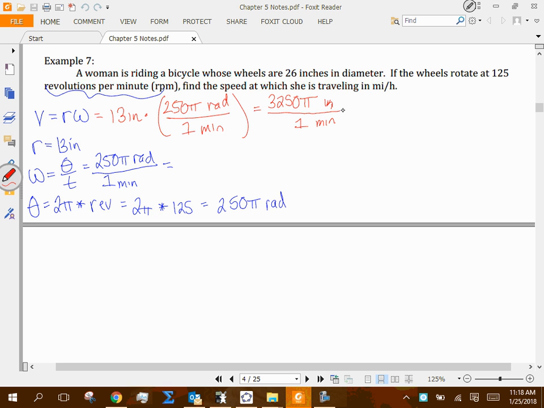I just think it's ingrained in us a little bit more to understand what this means to us if we change it to a unit or a rate that we're familiar with. So let's change this to miles per hour. When I find miles per hour, the units that I want left up on top are miles. The units that I need left in my denominator are going to be hours. And the way we're going to do that is through multiplying by conversions. Okay?